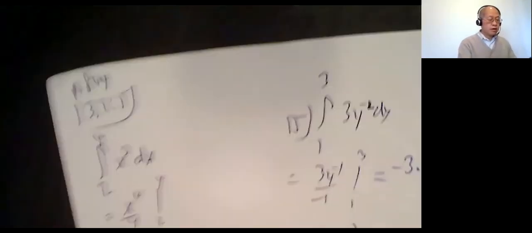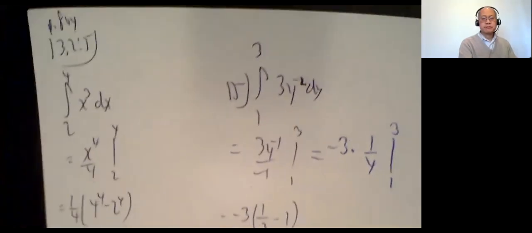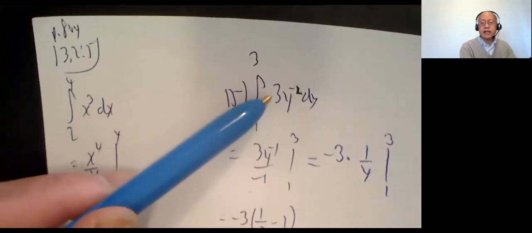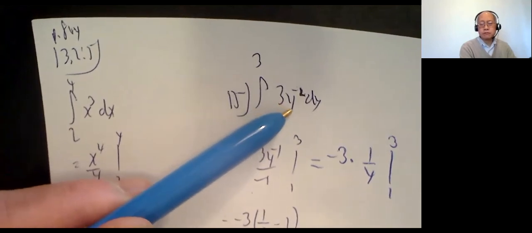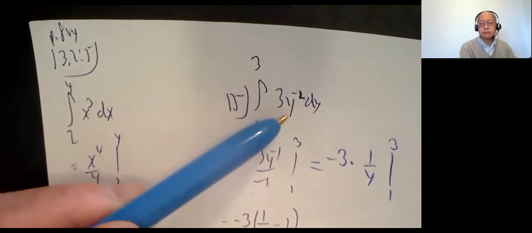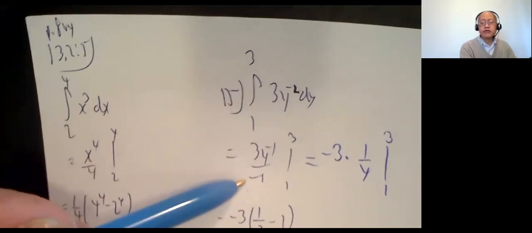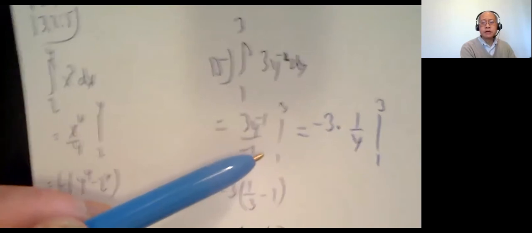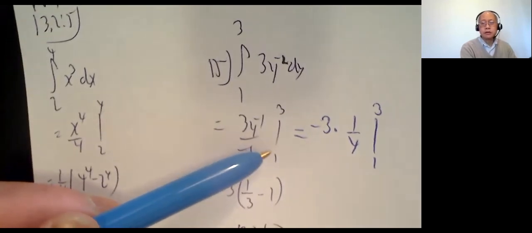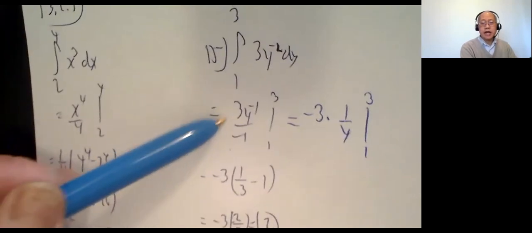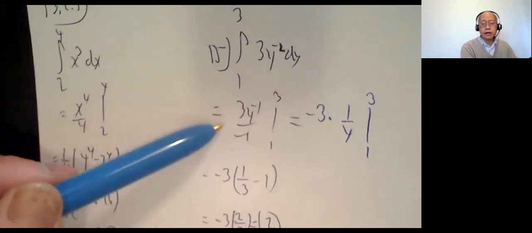Okay, let's do a couple more. Number 15. Integral from 1 to 3 of 3y to the negative 2 dy. So 3y to the negative 1 over negative 1 from 1 to 3. Clean up the algebra. That's negative 3 times 1 over y, right?